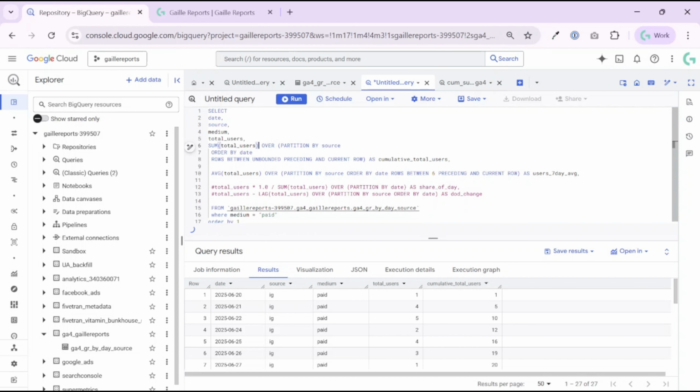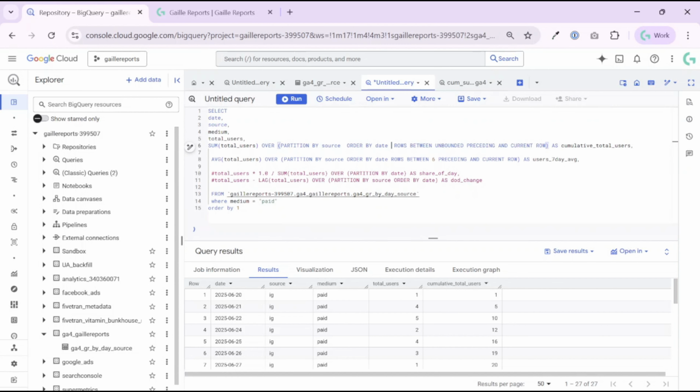It's the same as what we did with the sum. It looks like this. We can write it in one row. This formula is similar: we do average of total users over, and here almost the same, we do partition by source. It means that we work per each data source separately. Order by date. By 21st of June, we had 5 Instagram users.